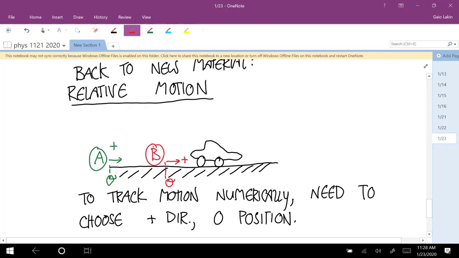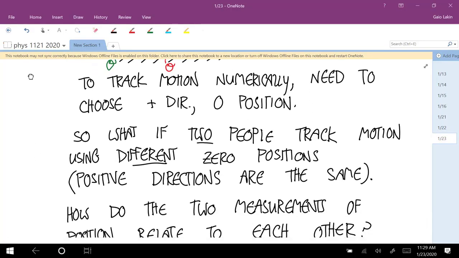Okay. What we want is a mathematical way to relate what the person at A sees so that the person at B could always calculate what's going to be seen from A. Okay. So to do this, we're going to use this naming convention.